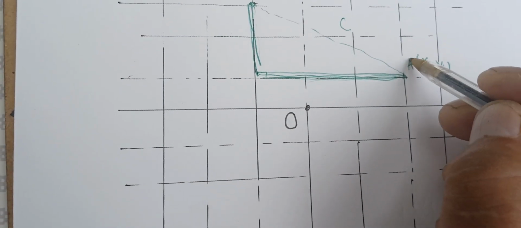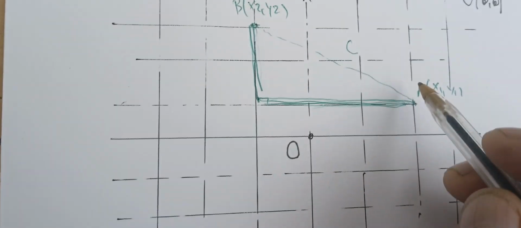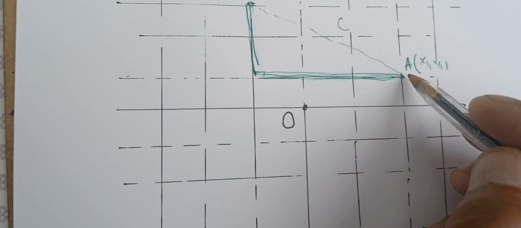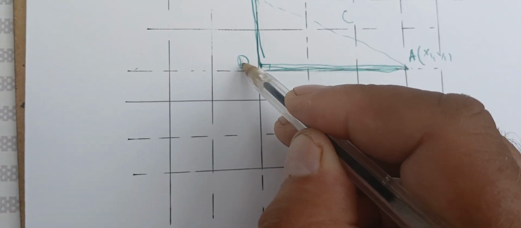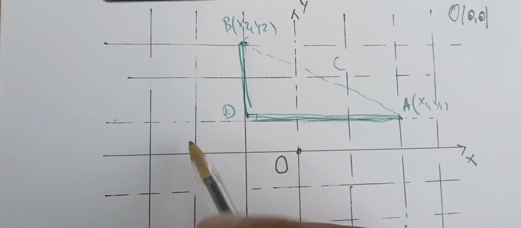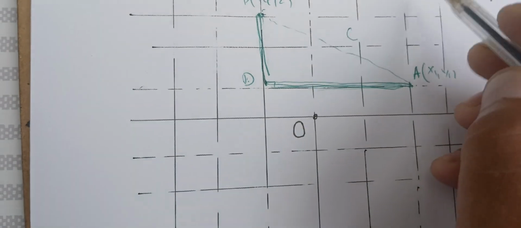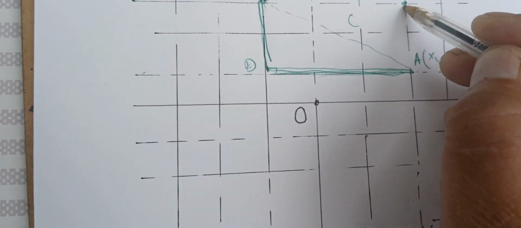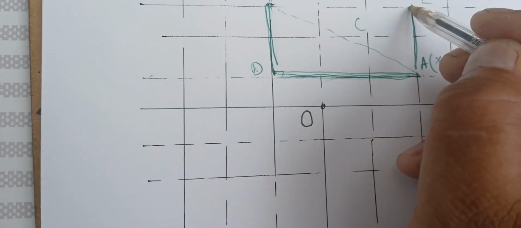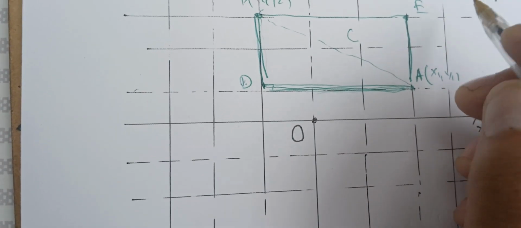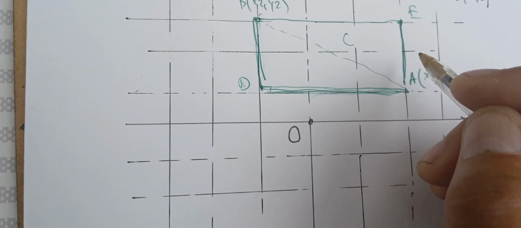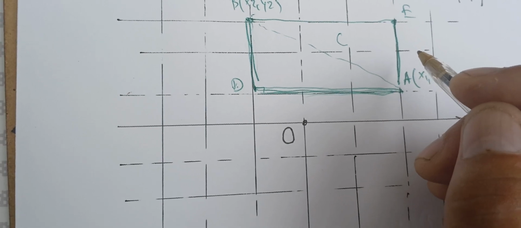If we take a taxi in a city, you go from point A to B, you go to this point, let's call it D, and after that from D you go to B. There is another way that you can go to point B. You can go to this point here, E, and after that from E you go to B. Think of it as a taxi, okay? So that's why you call it taxicab geometry.